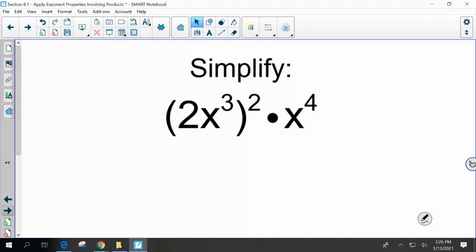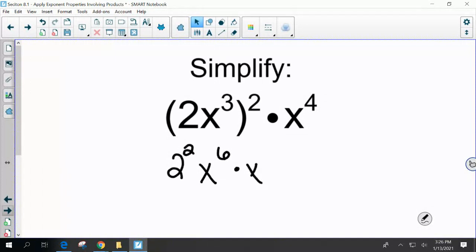Okay, the last problem, 2x cubed to the 2nd power times x to the 4th. I'm going to distribute that 2nd power. So I'm going to have 2 squared, and then x to the 3rd squared would be power to a power. So that would be x to the 3 times 2, which is 6.